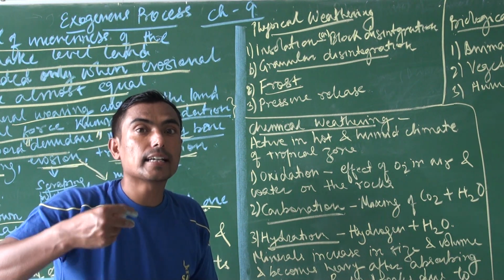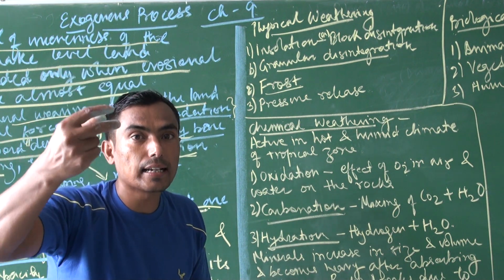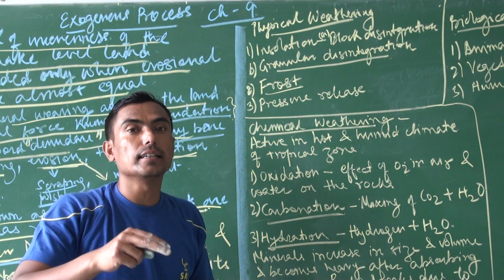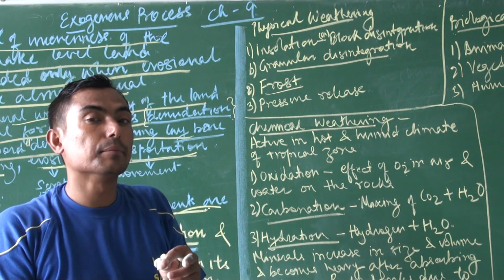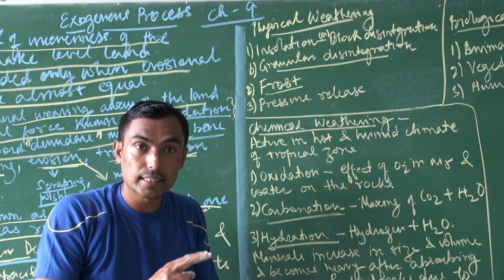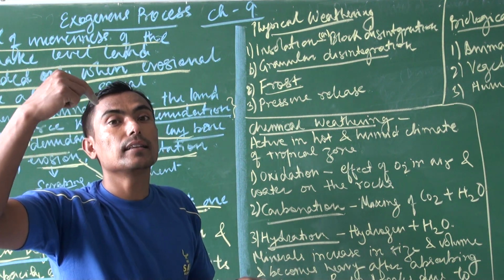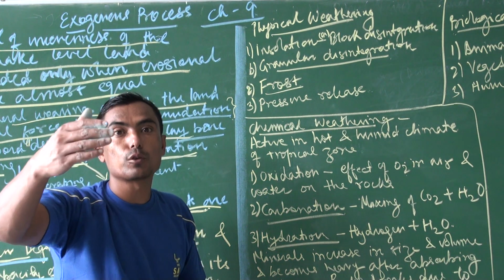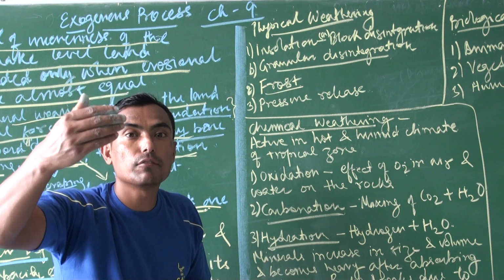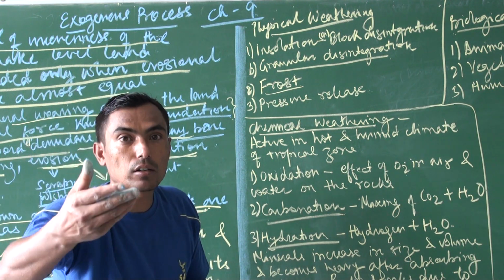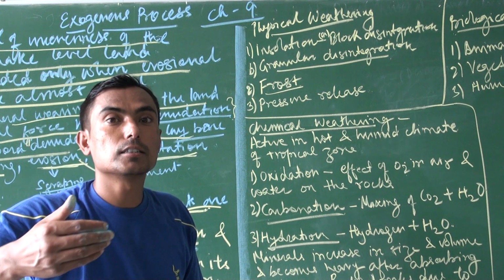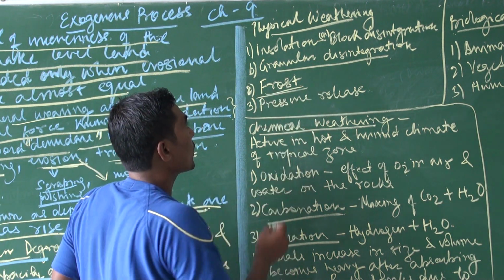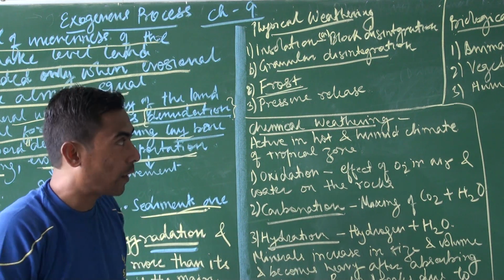The next day, when the ice melts, the water moves much deeper, as the cracks have already been widened. As it goes deeper, again the same night it converts itself into ice. Due to the continuous process of melting of ice into water and conversion of water into ice, the rocks break, and that is called frost action in physical weathering.